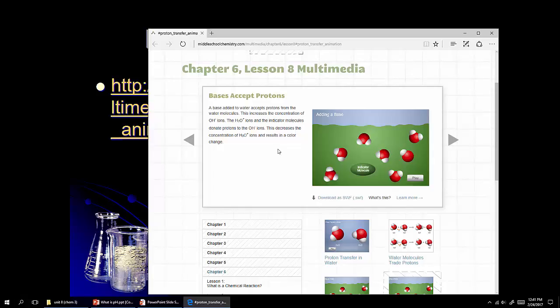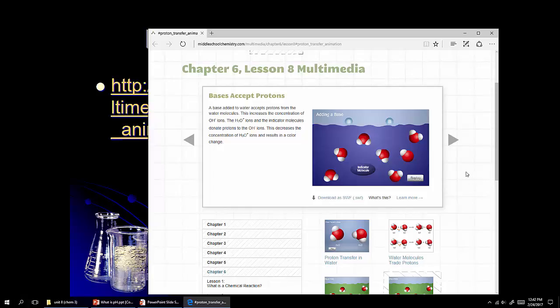This decreases the concentration of the H3O plus ions and results in a different color change. So here we add the bases. They take a proton away from water, and you end up with some with only one hydrogen instead. And then some other molecules in the indicator liquid give the protons back, and so it changes to a different color.